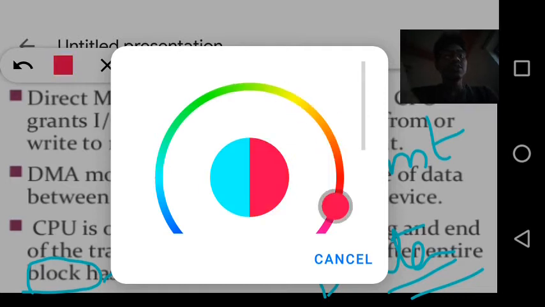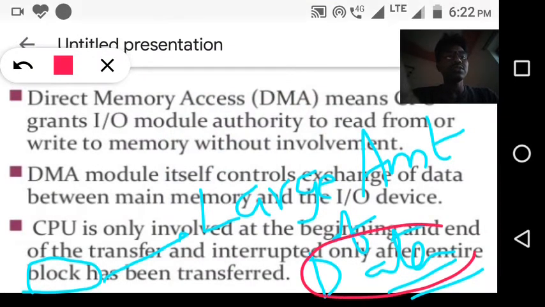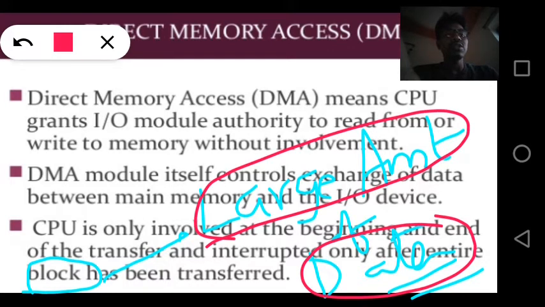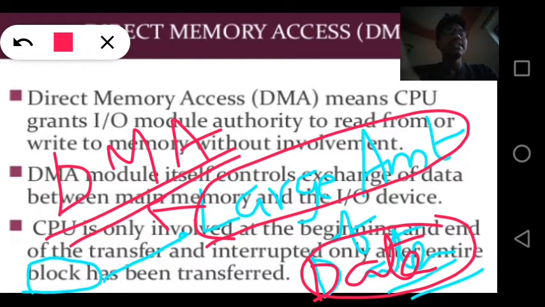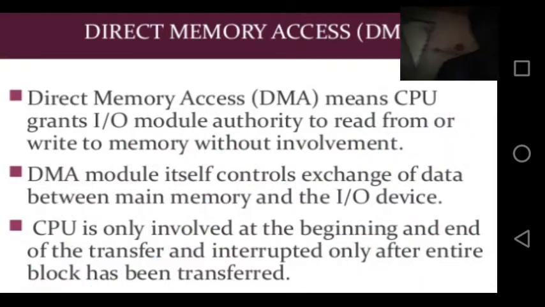When you have a huge amount of data to be transferred, we use DMA, that is direct memory access, without involvement of the CPU. Without involvement of the processor, the large amount of data can be transferred between main memory and IO devices. It is called DMA.